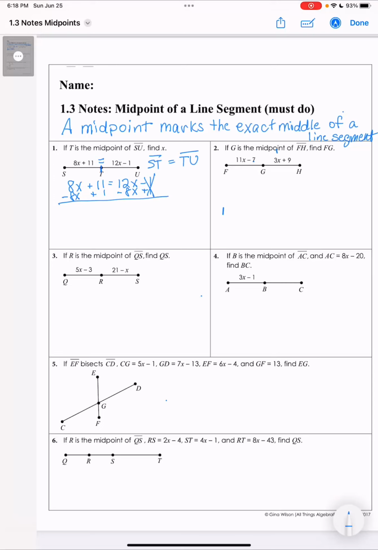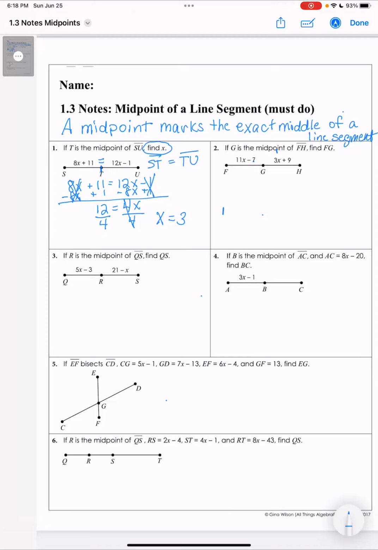So my 8x's cancel, 11 plus 1 is 12, and then this should be 4x. Then when I divide both sides by 4, I end up with x equals 3. In the problem up here, it does say just to find x. We don't have to go back and find the other measurement. So we are good there.